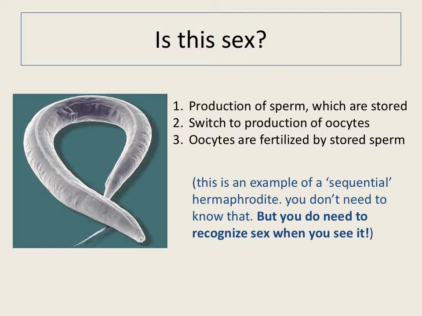So, anyway, here's a question. This is a roundworm. It produces sperm, which it stores. It also produces eggs. So this is what's called a hermaphrodite. It's got both sperm and eggs.